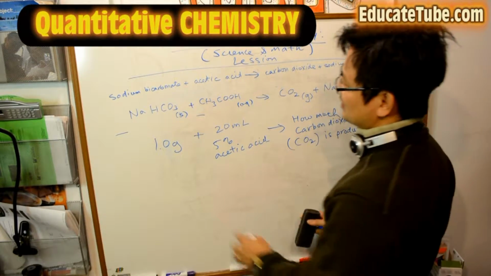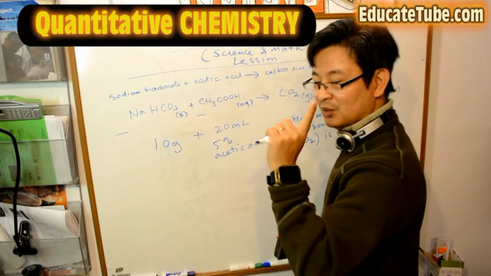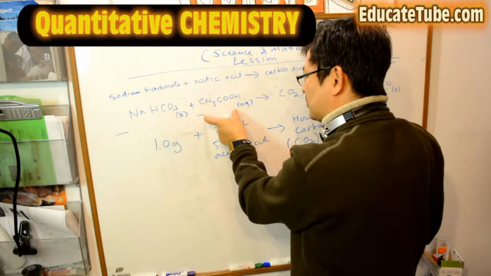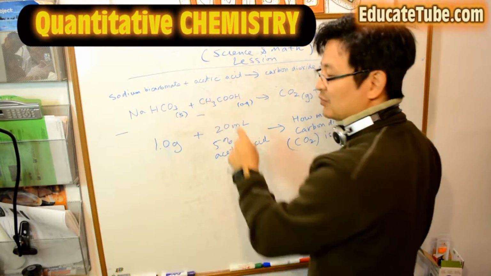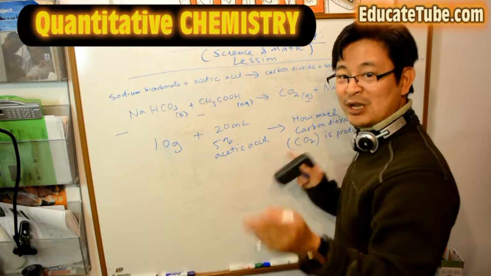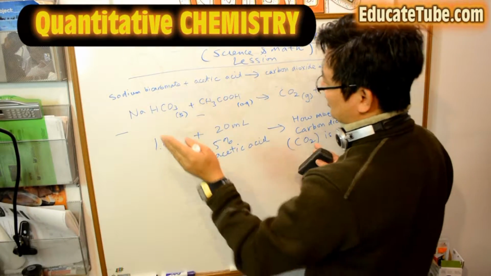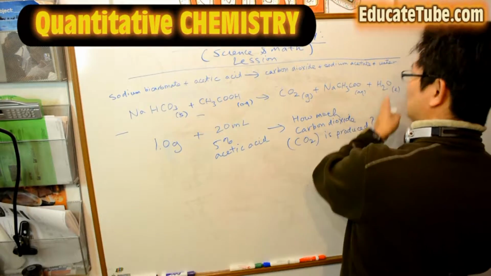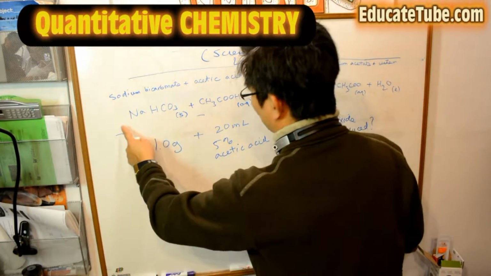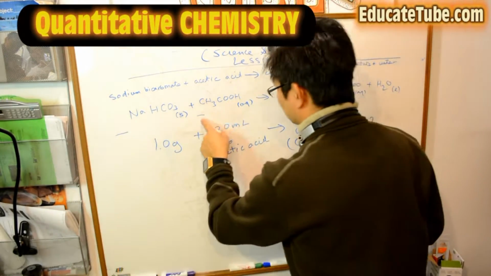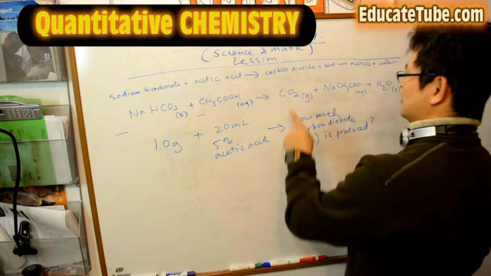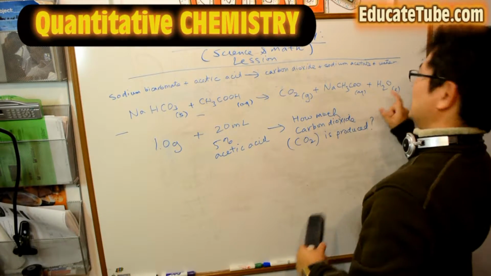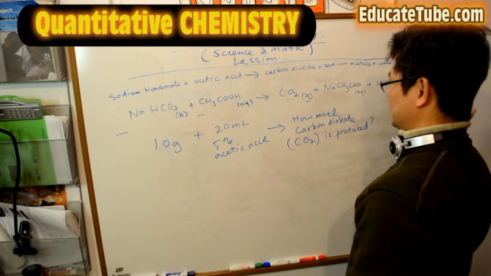What I mean by that is, 1 mole is actually a very big number, but it's a ratio. If we compare 1 mole of this plus 1 mole of this, you get 1 mole of that, and 1 mole of this and 1 mole of that. It's really saying 1 molecule of sodium bicarbonate plus 1 molecule of acetic acid gives you 1 molecule of CO2 plus 1 molecule of sodium acetate and 1 molecule of water, right?